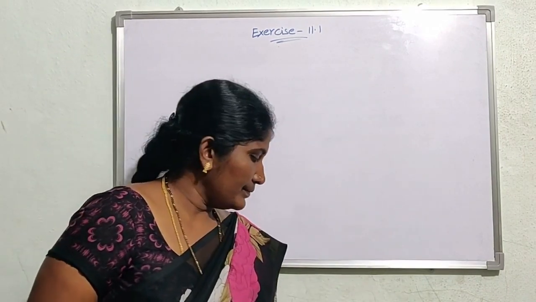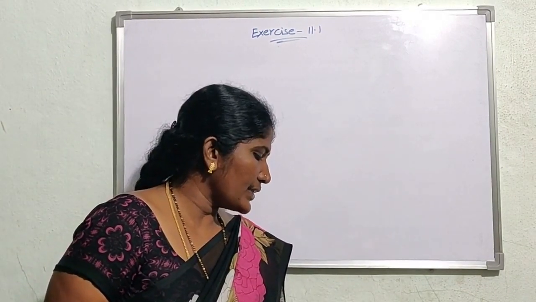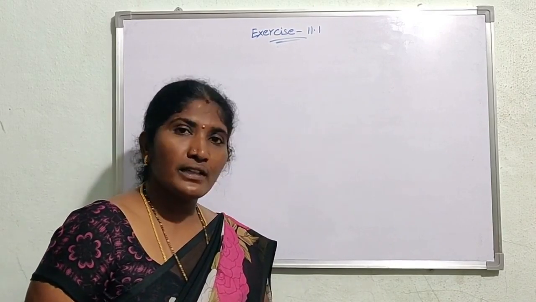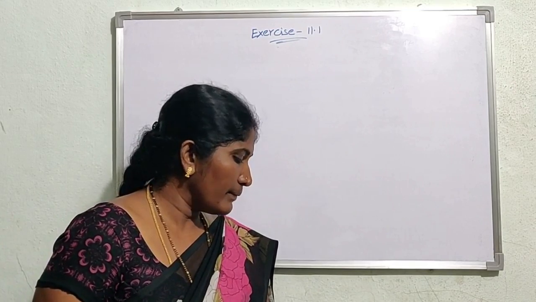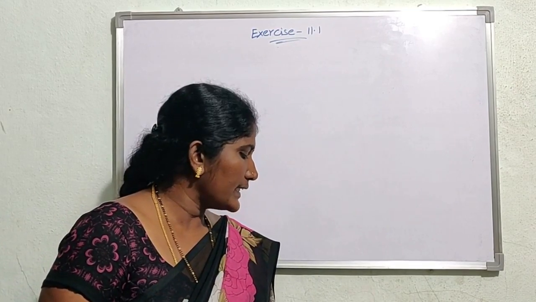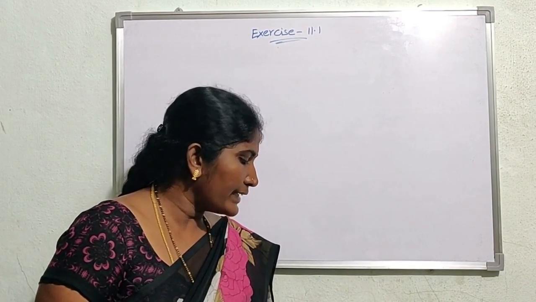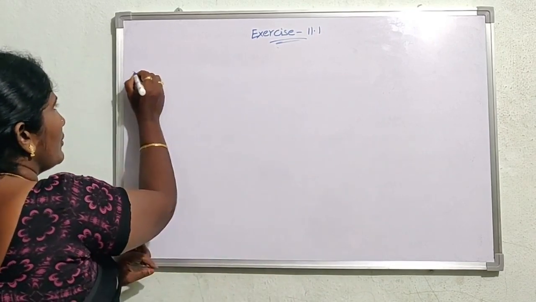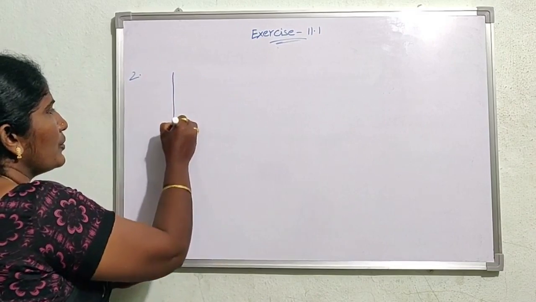Second question. The sides of a right angle triangle PQR are PQ is 7 centimeters, QR 25 centimeters and angle P is 90 degrees respectively. Then find tan Q minus tan R. Given data. First triangle PQR.